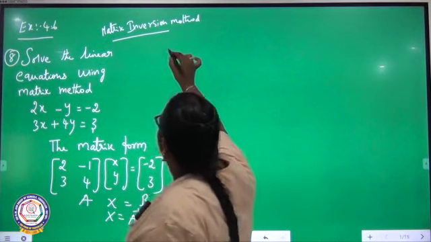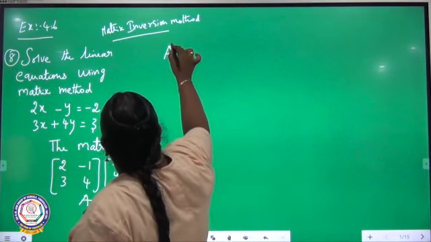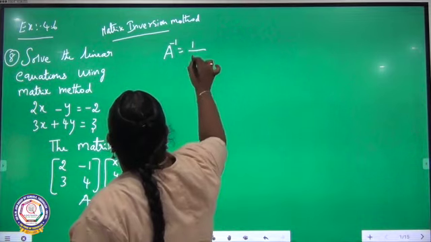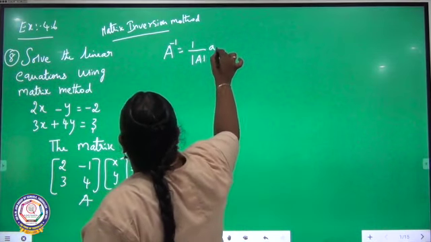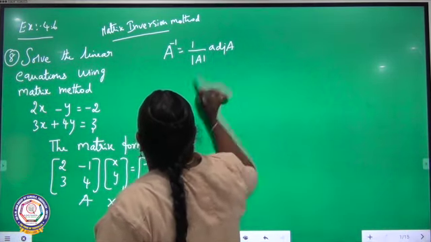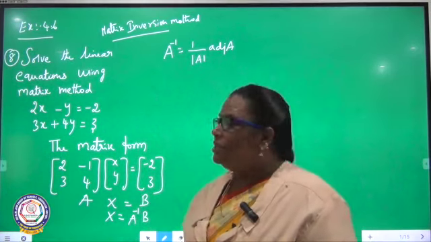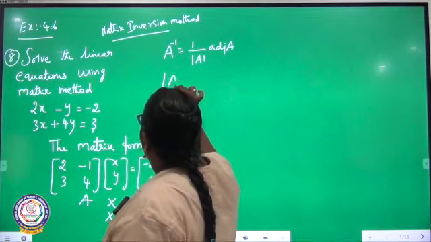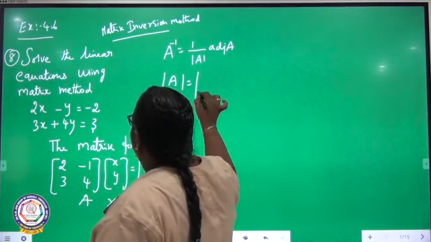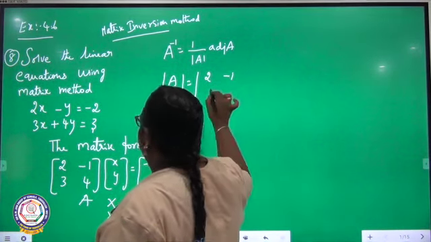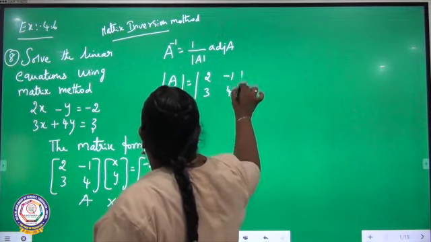First you should find out the value of A inverse. A inverse equals 1 by determinant of A into adj A. What is determinant of A? Determinant of A equals determinant of 2, minus 1, 3, 4.